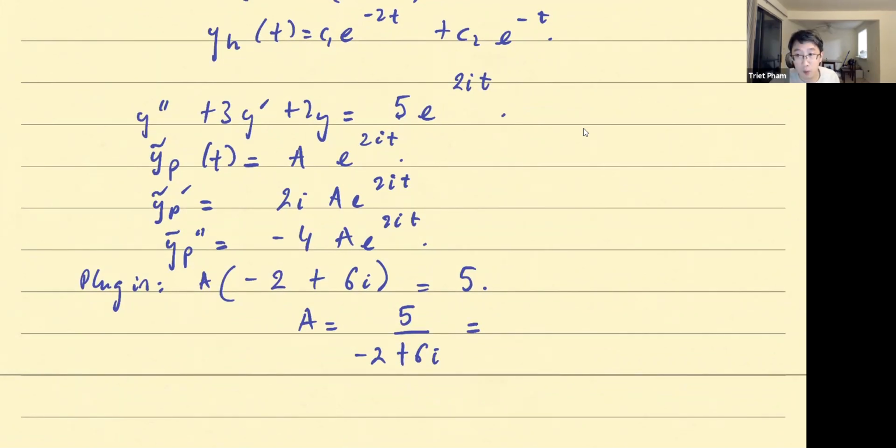So we multiply by -2 minus 6i. 4 plus 36 is 40. So you get 5 times -2 minus 6i over 40.